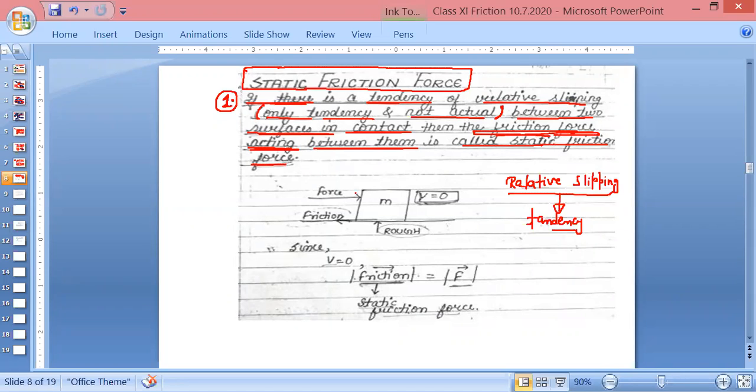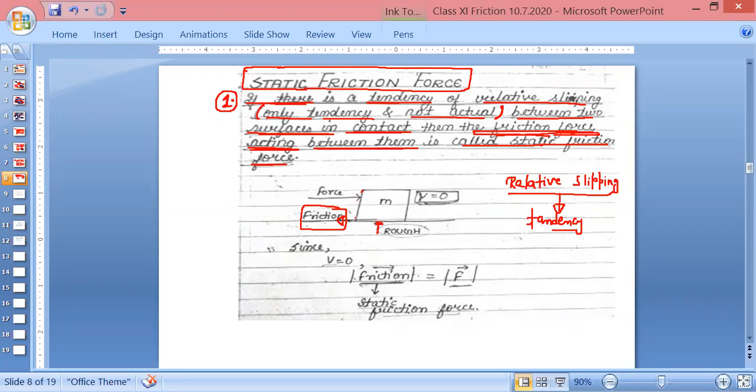When the block has a tendency to move, but it is not actually moved, the kind of friction force existing between the surfaces in contact will be called what? Static friction.